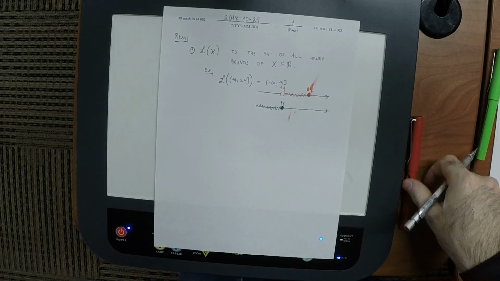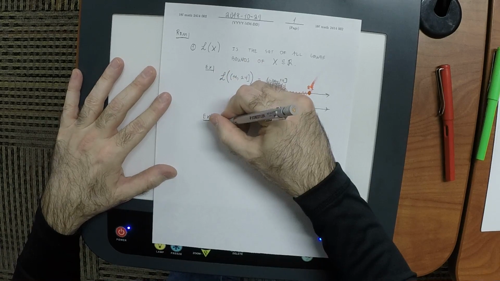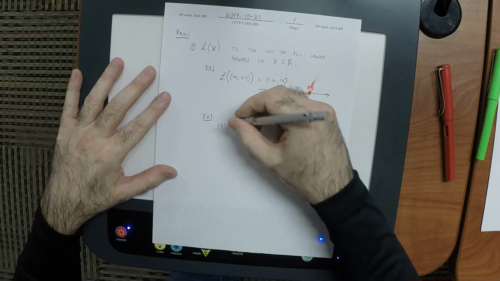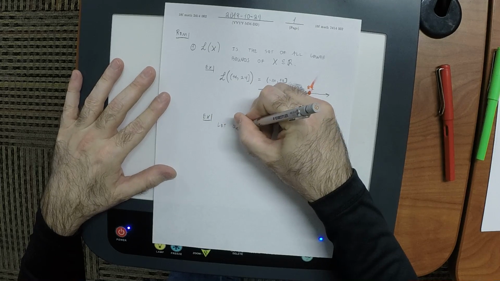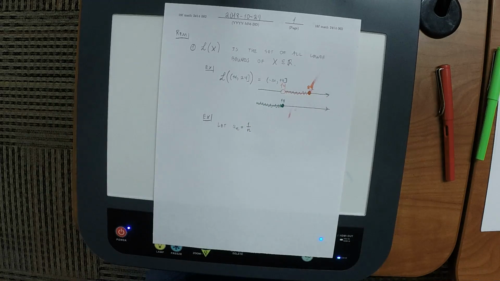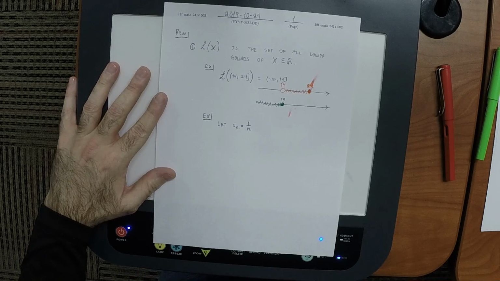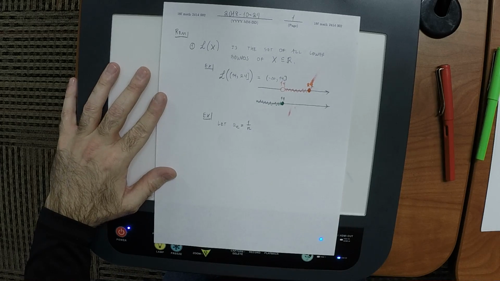To make another one, suppose we have this sequence, a_n is 1 over n. That sequence is so important it has a name. What's its name? A harmonic sequence.